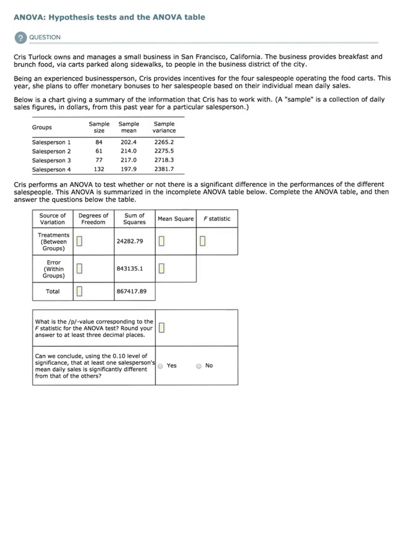Treatment sum of squares, the first number, is 24,282.79. Error sum of squares is 843,135.1, and total sum of squares is 867,417.89.